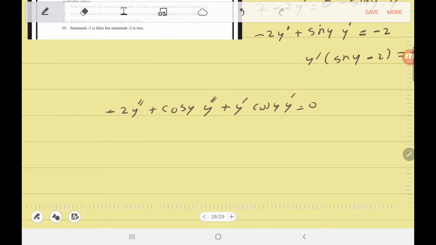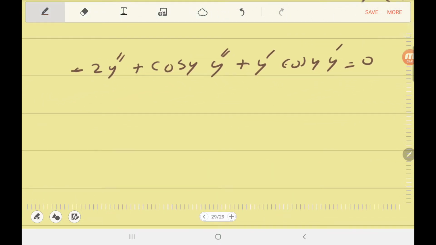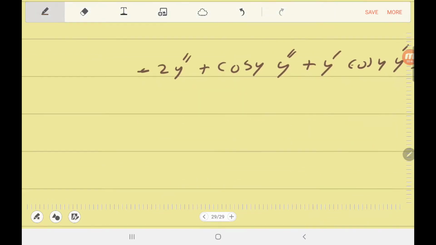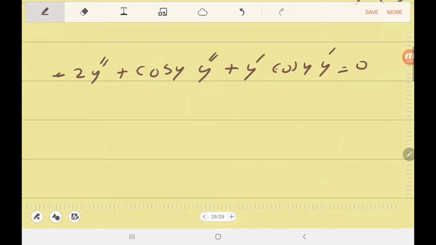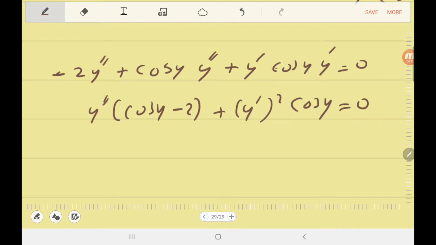Okay, so if you want to check the concavity, y double prime times sine y minus 1 plus y prime squared cosine y equal 0.